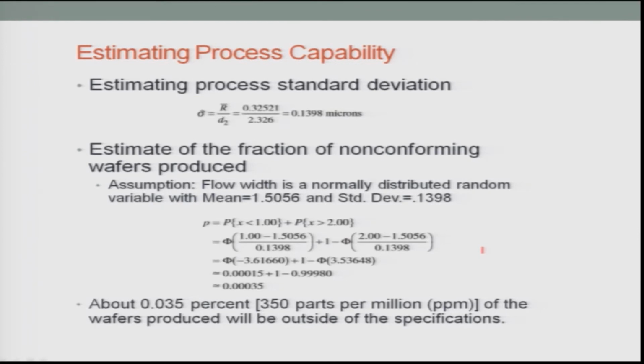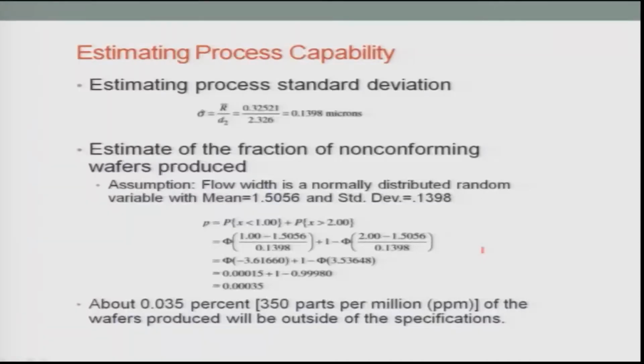So you want to find the control limits or the dispersion or the probabilities. The assumption is that flow width is normally distributed, which is based on the central limit theorem. You find the mean, which is 1.5056, and the standard deviation you have already found.